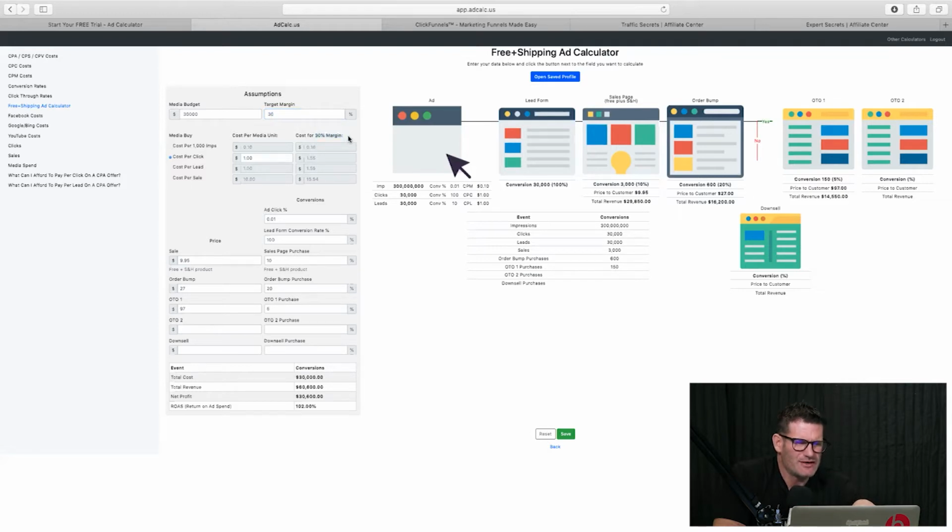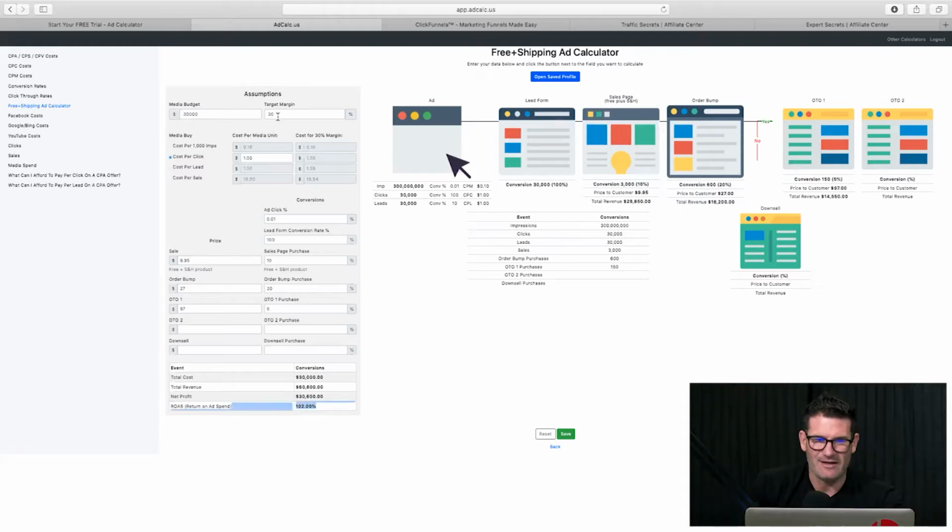So what this calculator does is it takes into account your 30% margin, and it will back out for you, based on what you're selling and the conversion rates on what you're selling, what you can afford in the market buying media today. Because down here, you made 102%, but now you're saying, I want to work on 30% margins. So you are going to be able to afford more than what these numbers show you.